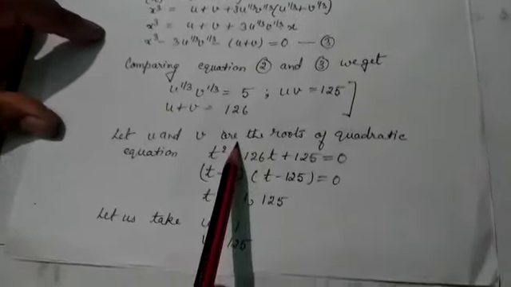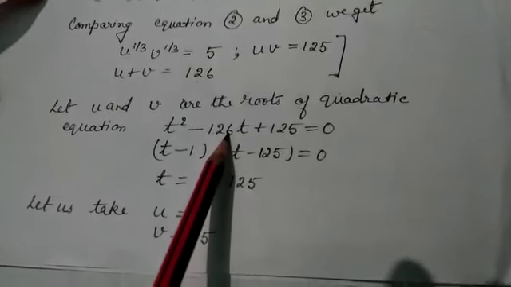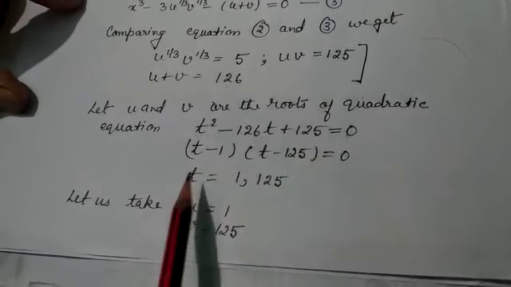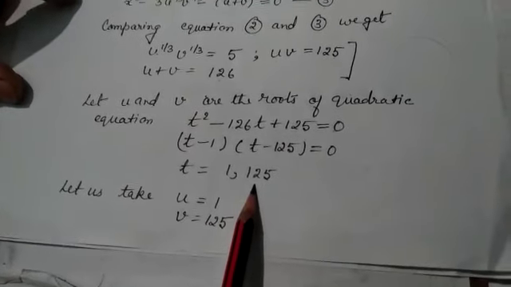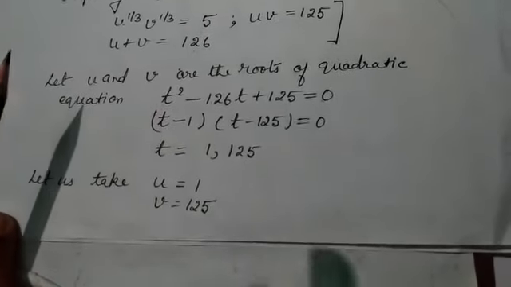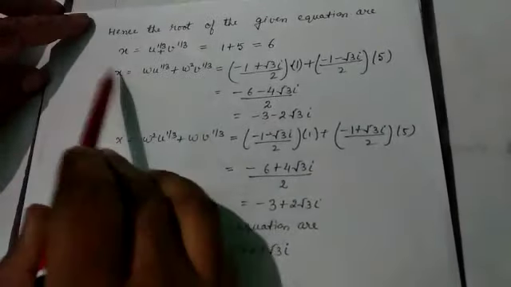So let u and v be the roots of the quadratic equation t square minus 126t plus 125 is equal to 0. When you solve this quadratic, you get the value of t to be 1 and 125. Let us take u to be 1 and v to be 125.